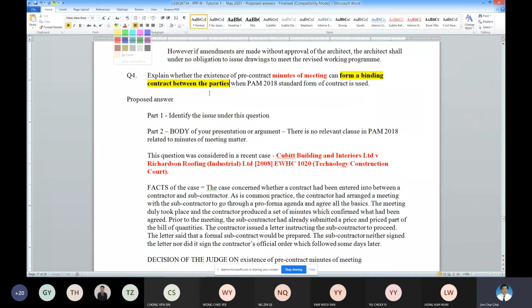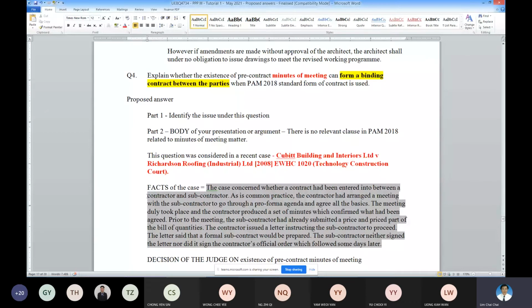Under Cubic Building versus Richardson, these are the facts of the case. The case concerns whether a contract has been entered into between a contractor and a subcontractor.